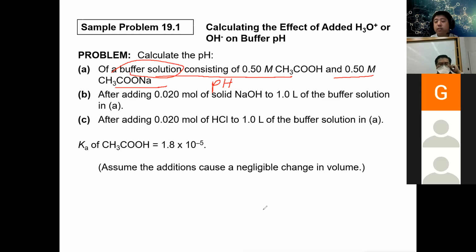We got X equal to Ka, 1 over 1 just canceled it out. So it was essentially 1 times X over 1 equals Ka. So that's why we canceled out the ones. So in the scenario that we have here, you'll come to realize that 0.5 and 0.5 will cancel out so that your X is going to be equal to your Ka again. Okay.